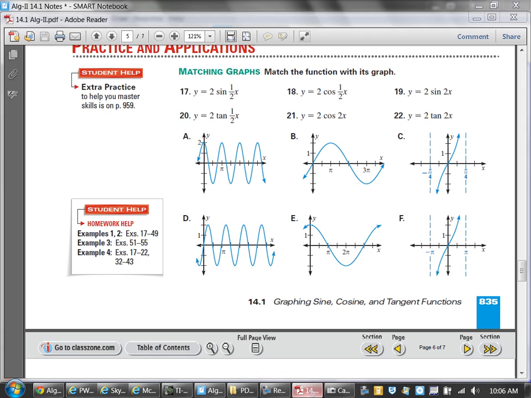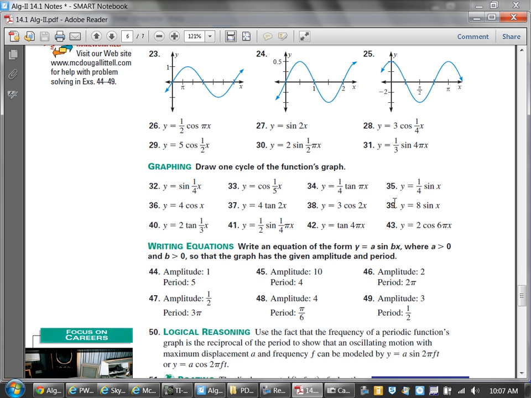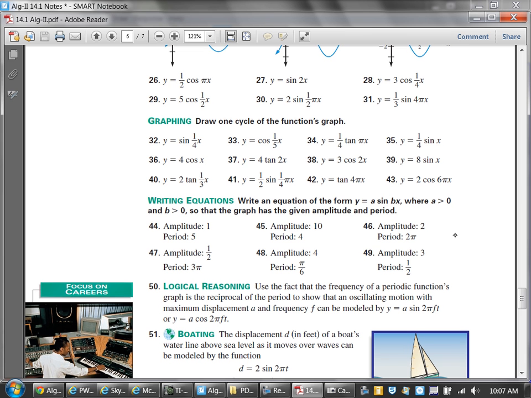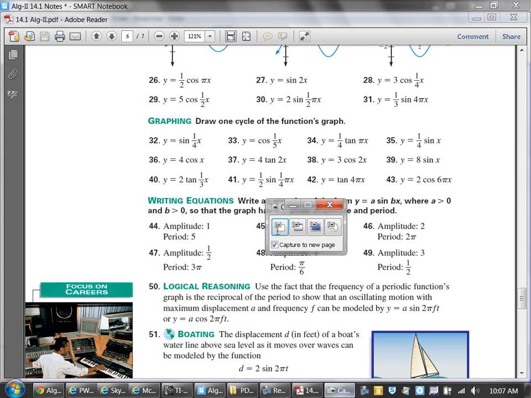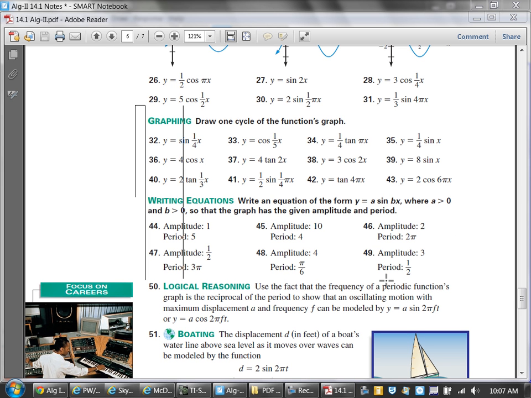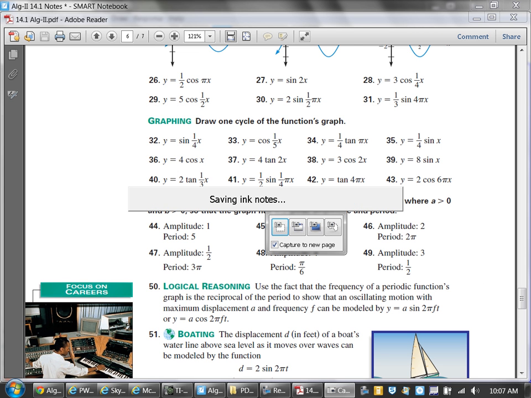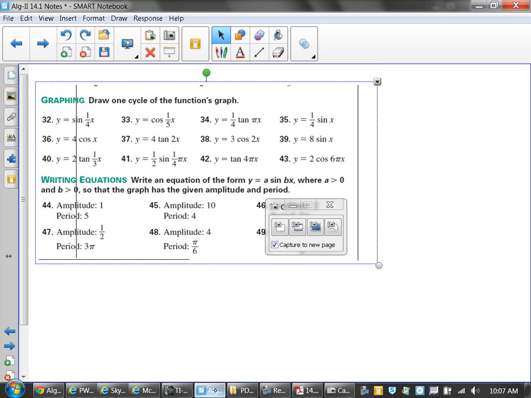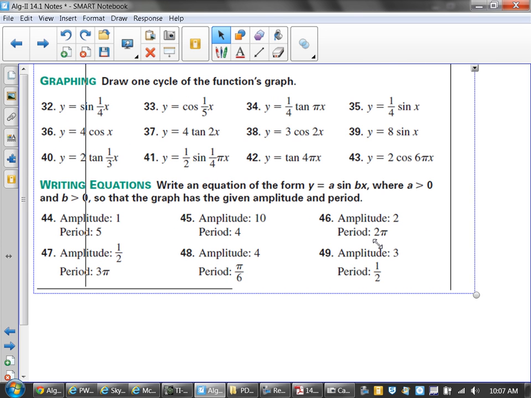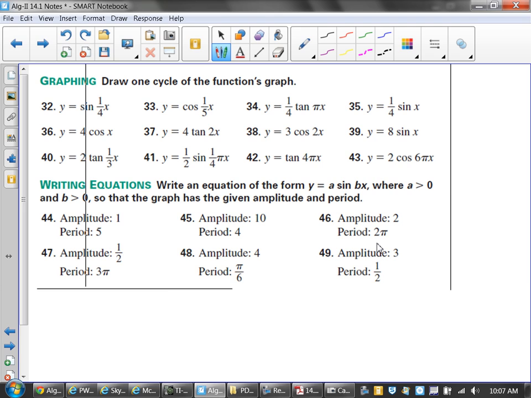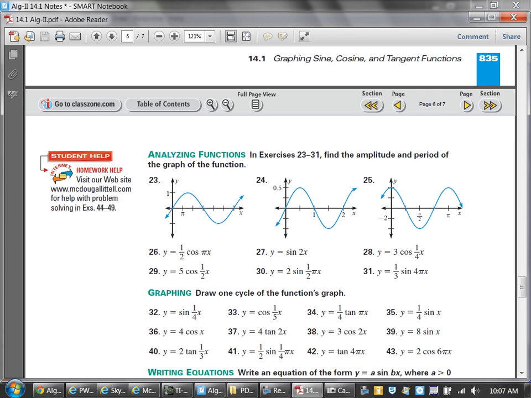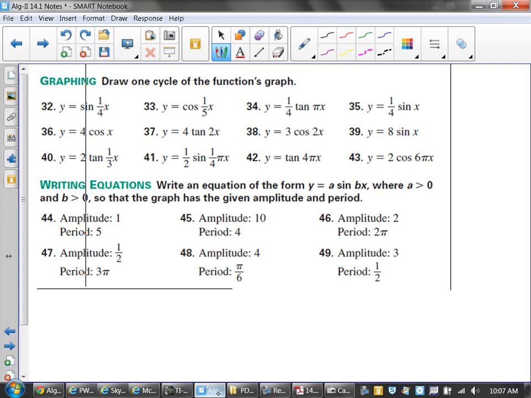So, let's do a couple of these for tonight. In these 2 sections, we did not do anything with tangent, so on page 836, I'd like you to graph whichever ones don't say tangent for right now.